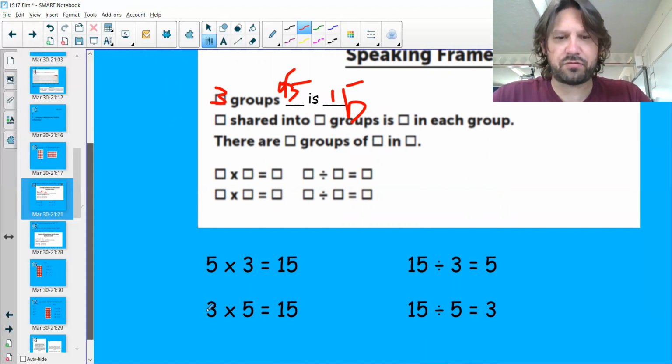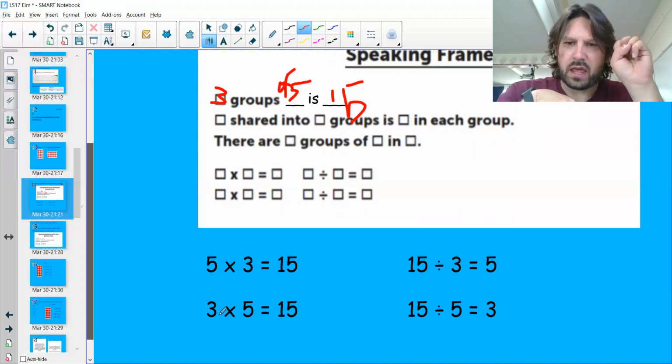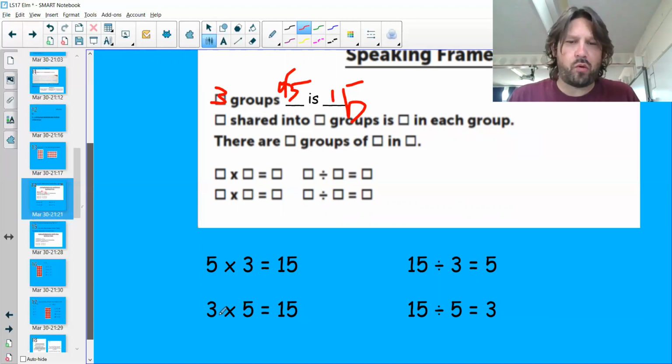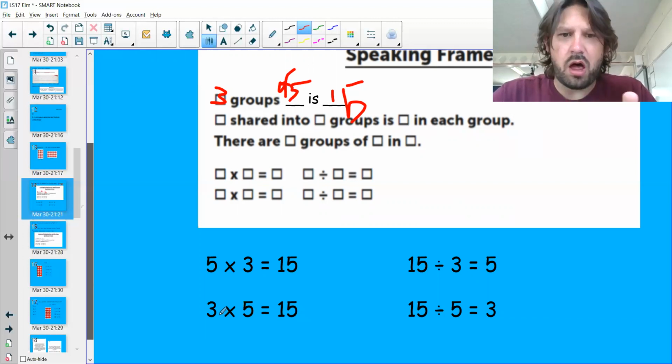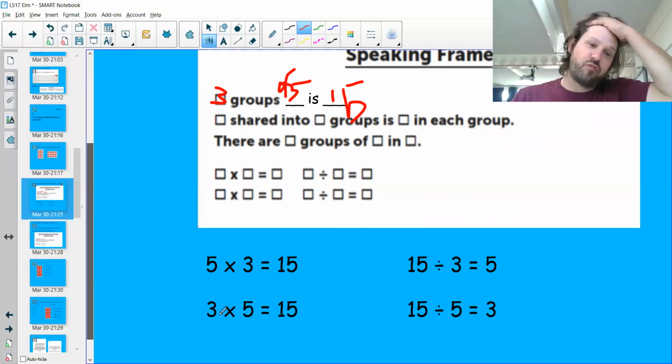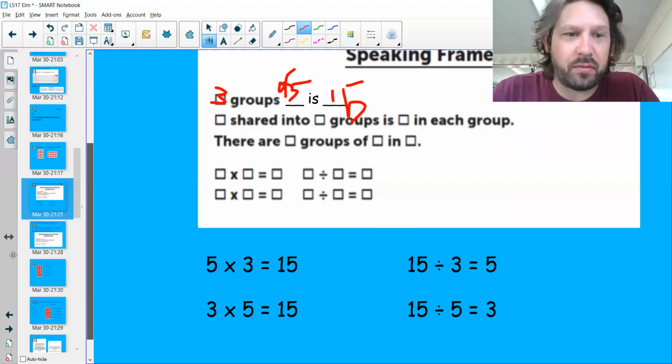We put a big number at the start, we divide it up, and we can move the other 2 numbers around. So 15 divided by 3 is 5. 15 divided by 5 is 3. Together, these 4 calculations are the fact family to do with this multiplication and division. That's really what we're doing today. We're using arrays to show the fact families.